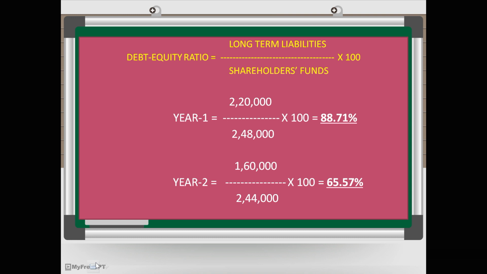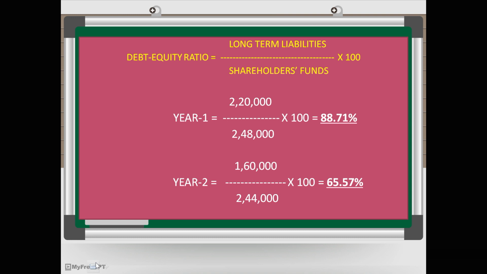Now see, debt equity ratio suggests the ratio between owned capital and borrowed capital, right? Debt equity ratio indicates the ratio between owned capital and borrowed capital. In the first year, it was 88.71%.